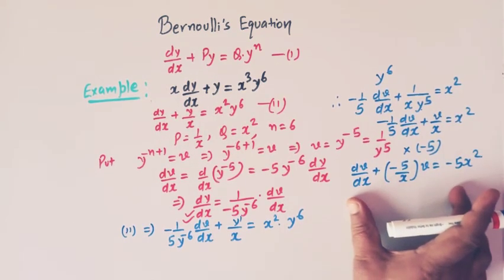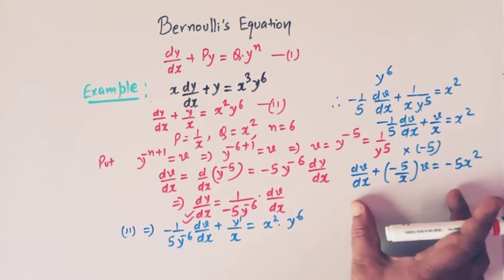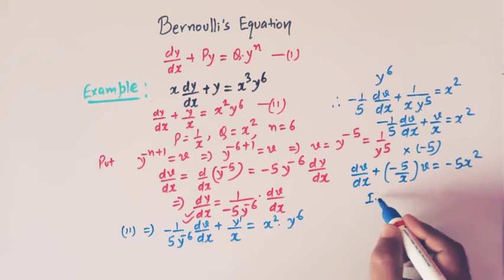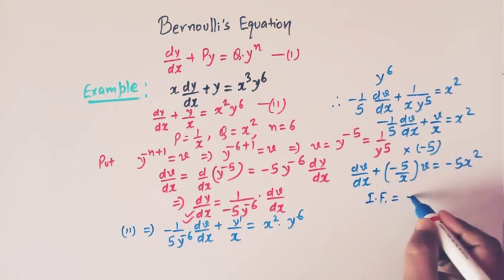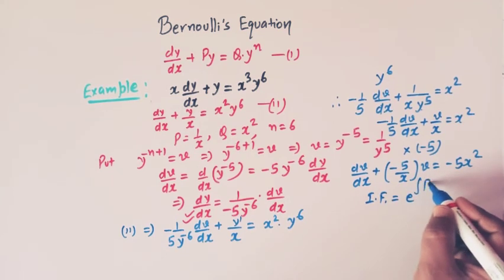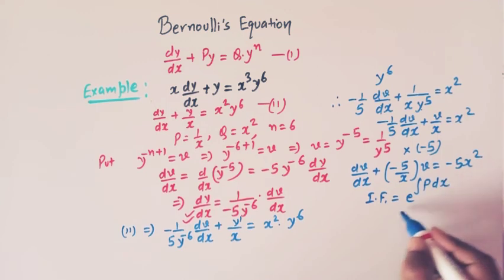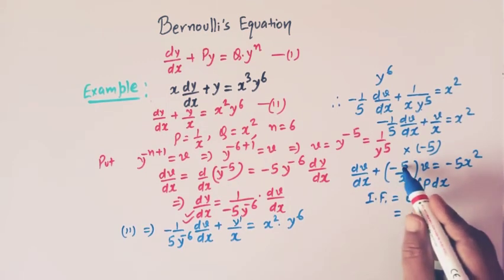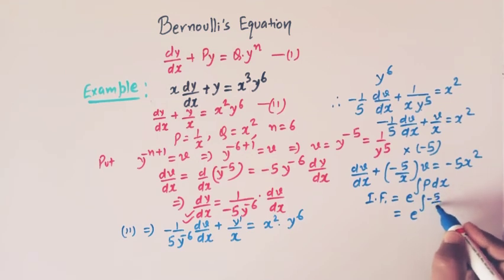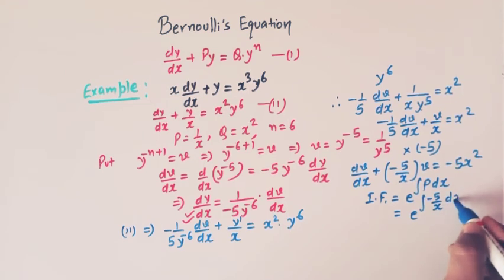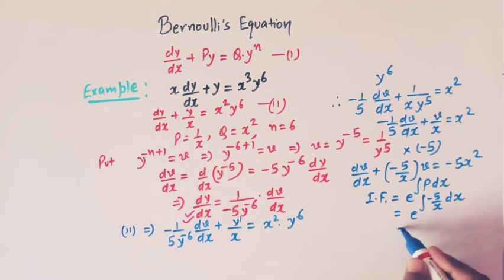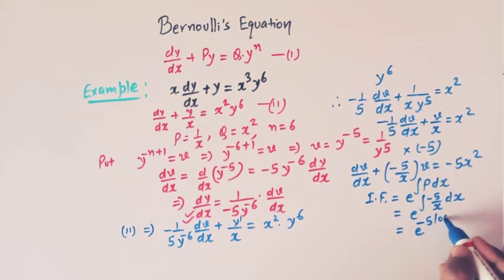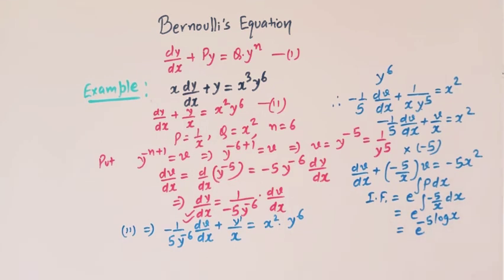Now this is a linear differential equation whose integrating factor can now be written as e raised to integral of p dx, and for p we can write minus 5 over x dx, and this can be written as e raised to minus 5 log x, right?